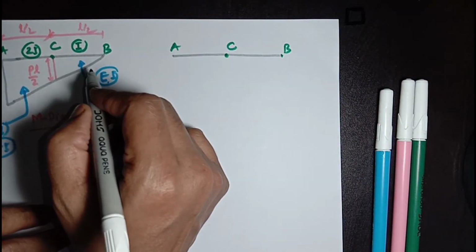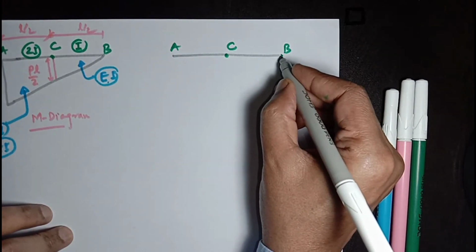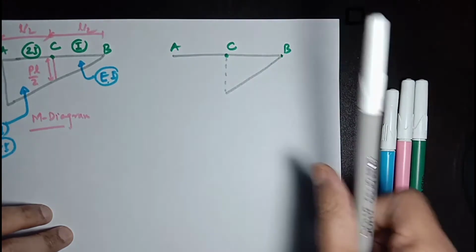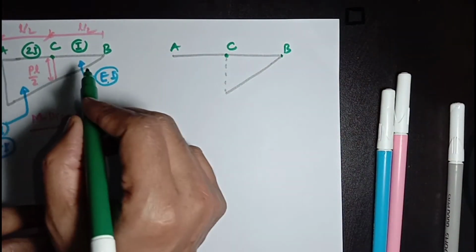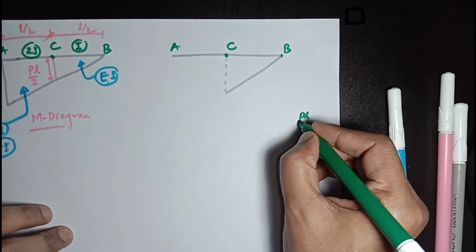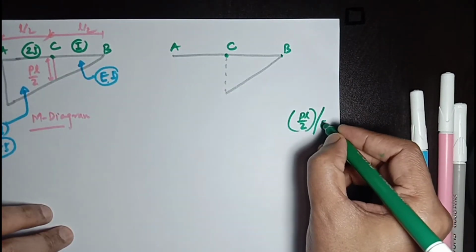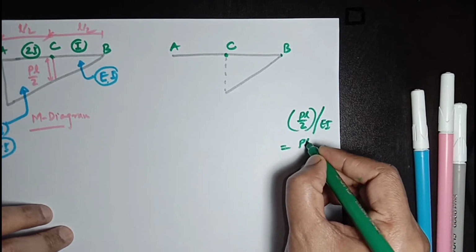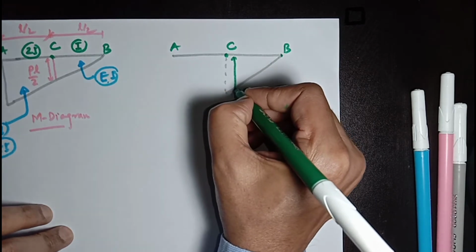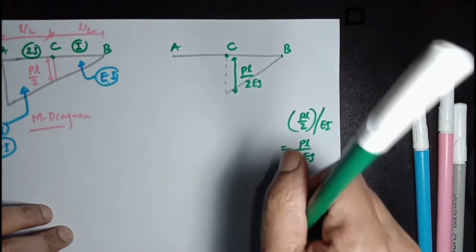Since every y coordinate is divided by a constant value of EI, the curve will have the same pattern. The bending moment here is PL divided by 2, and dividing it with EI, it will be PL divided by 2EI.